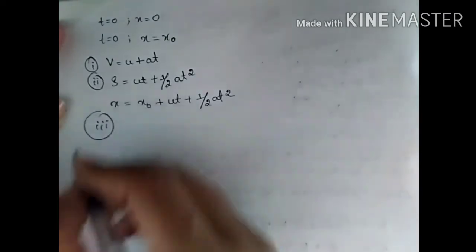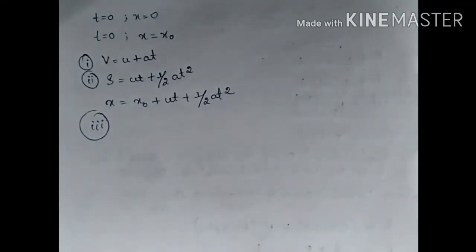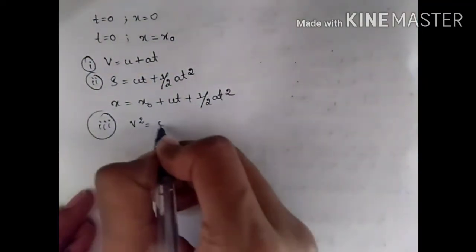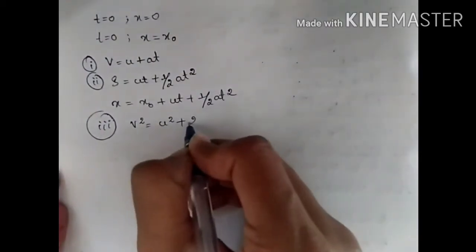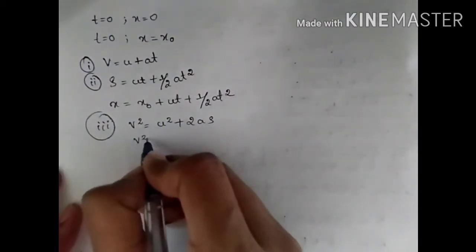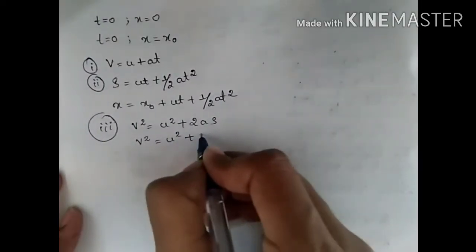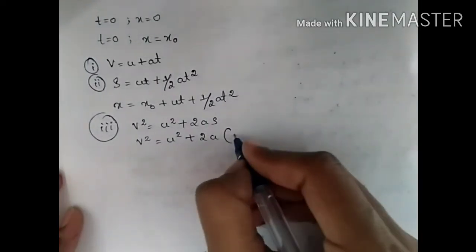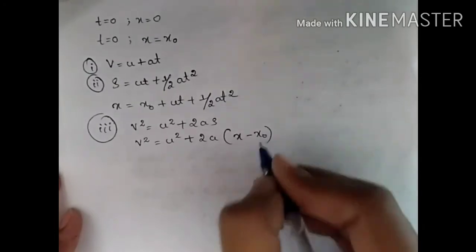And the third equation was what? It was v square is equal to u square plus 2as. So here v square is equal to u square plus 2a times (x minus x naught).